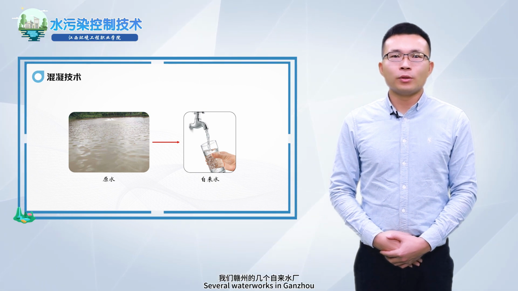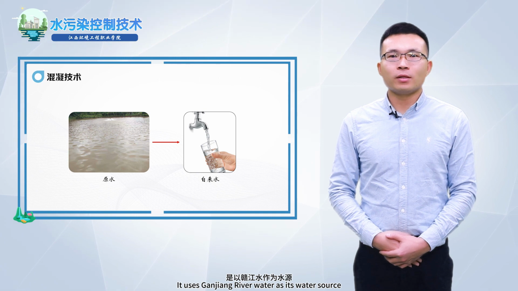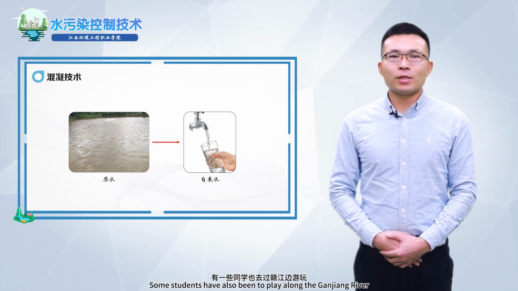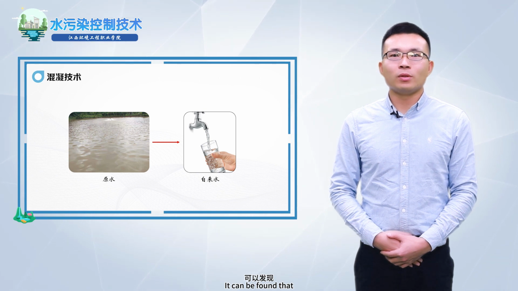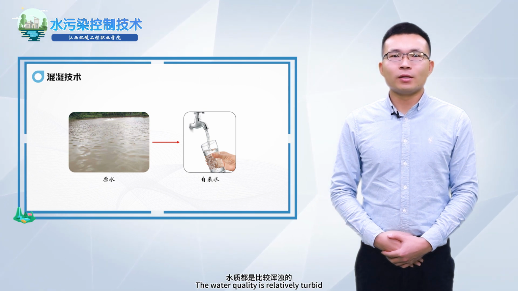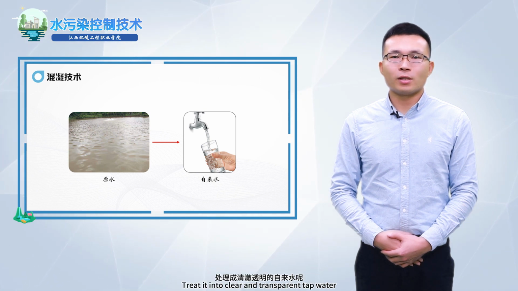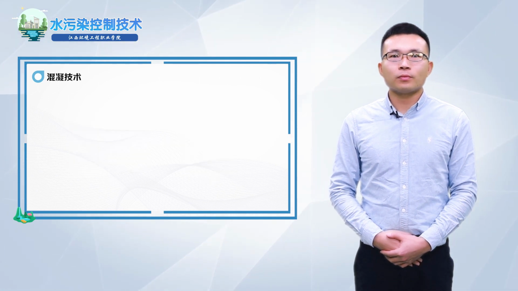Several waterworks in Ganzhou use Ganjiang River water as its water source. Some students have also been to play along the Ganjiang River. It can be found that, whether it is sunny or rainy, the water quality of the Ganjiang River is relatively turbid. So how does the waterworks treat the turbid river water into clear and transparent tap water?